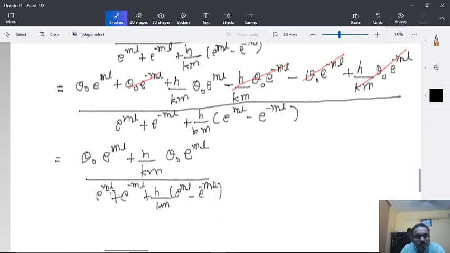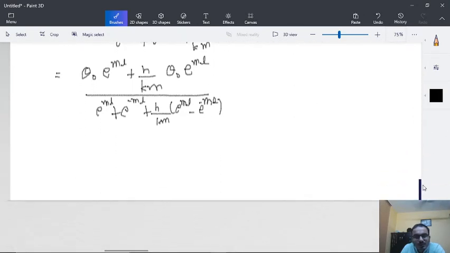Okay, so further simplifying this, we will get the value of C2.